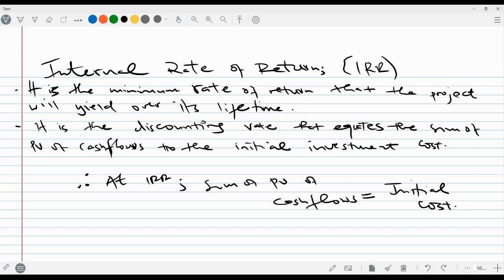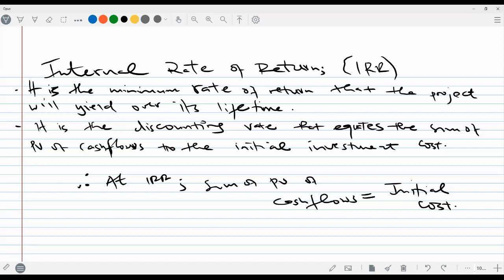Therefore, I want to ask you a question. What would be the NPV if we are at IRR? If the cash flows of the project have been discounted at the IRR, what is the NPV? We say that at IRR, the sum of present value of the cash flows is equal to the initial investment cost.